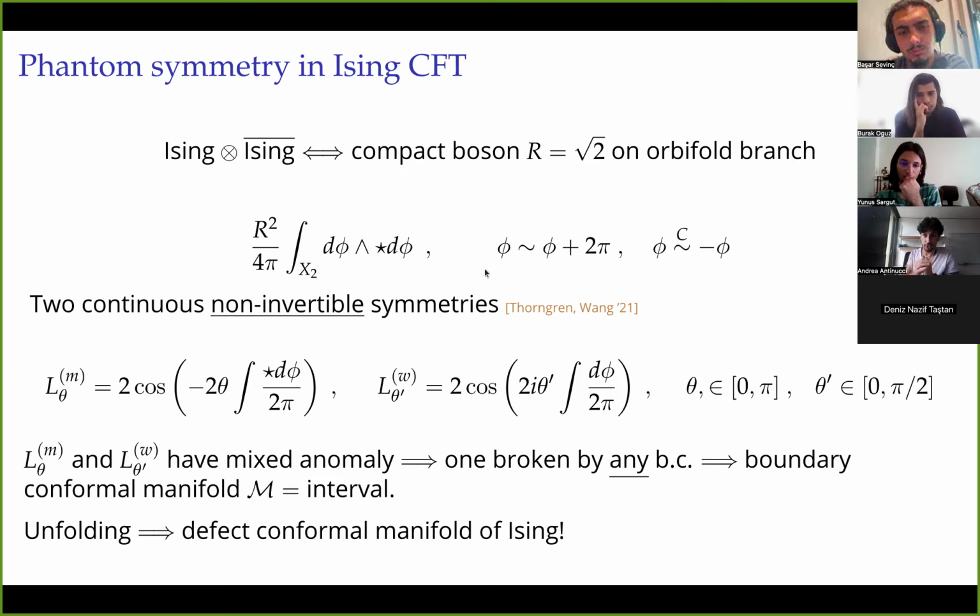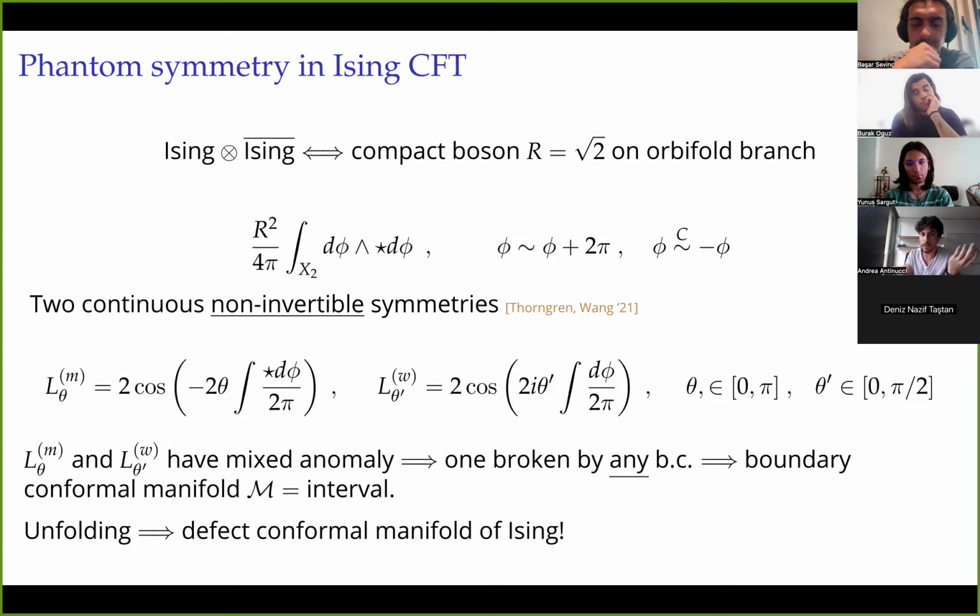It's a very standard N=1 CFT. And it's well known that this CFT has two continuous non-invertible symmetries. As I already alluded before, these will be the non-invertible symmetries responsible for this conformal manifold.